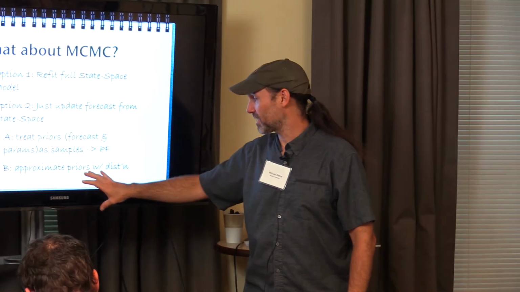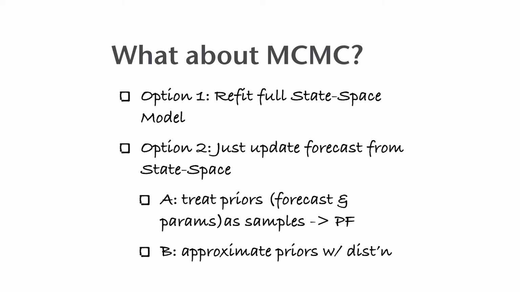Alternatively, we can approximate those with distributions, and then we're essentially doing some generalized form of ensemble filtering, where we don't have to assume the same conjugacy that Kalman did. Remember, like with classical statistics, where everything was done so that there was an analytical solution, Kalman likewise had to do things so there was an analytical solution, because MCMC wasn't invented when the Kalman filter was derived. No one was doing that.